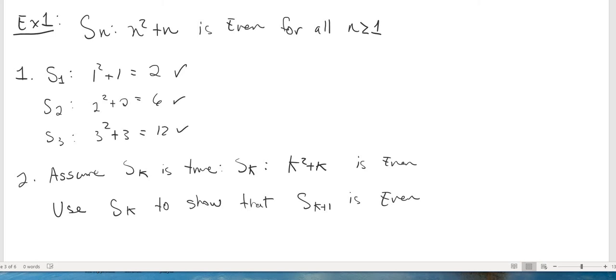So if it works for 5, then it works for 6. That means if you plug in a 5, the answer is supposed to be even. And if you plug in a 6, the answer that comes out is supposed to be even. And if you plug in a 7, the answer that comes out is supposed to be even. That's because, like I said here, if Sk is true, then the number that comes after it also has to work with the formula. So that's what we're going to try to do. Okay.